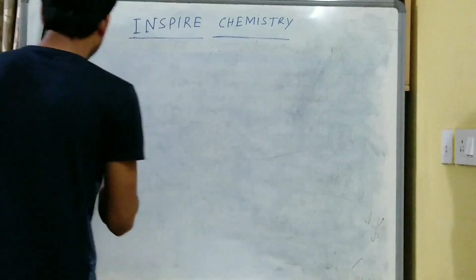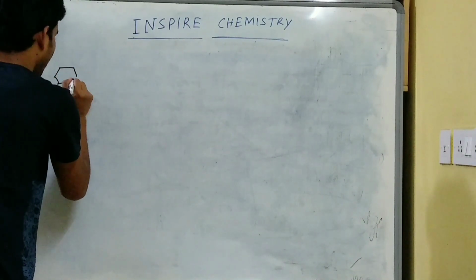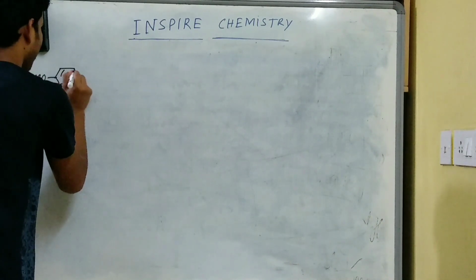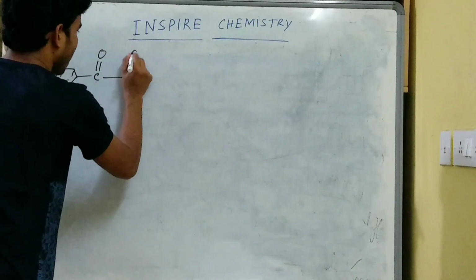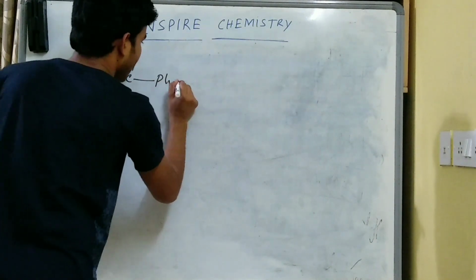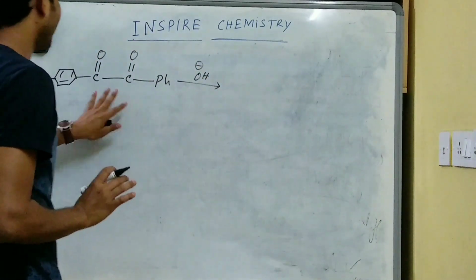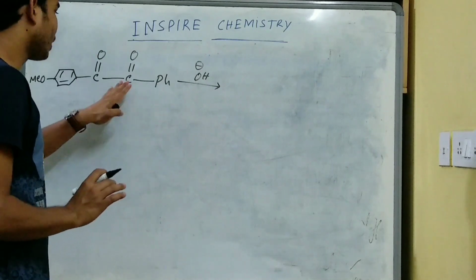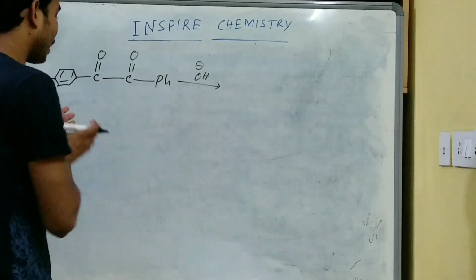So here is one question, I have one example also, with OH minus. Here we see two carbonyl groups, a diketo group, so two C=O carbons are present.